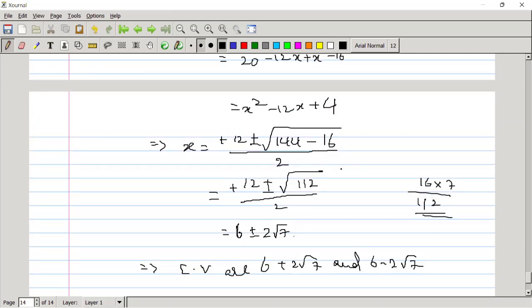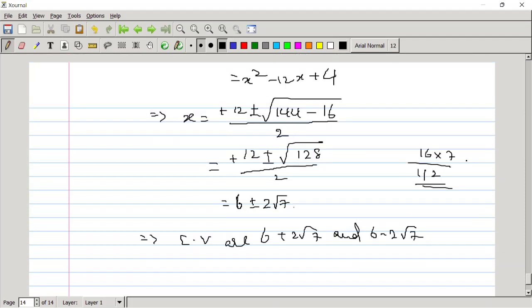That means 128, right? Yes. So now how can you write 128? 64 into 2, okay. So this means 8 root 2, that means 4 root 2, 4 root 2 minus 4 root 2.